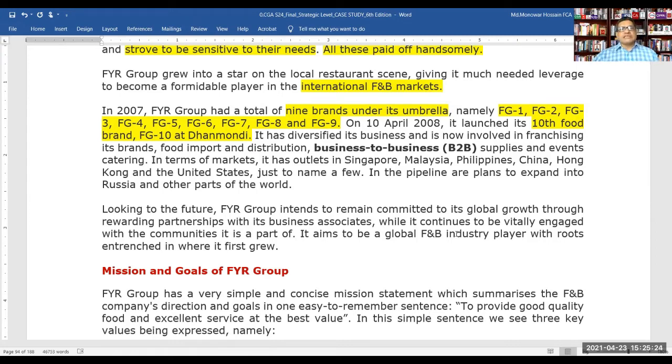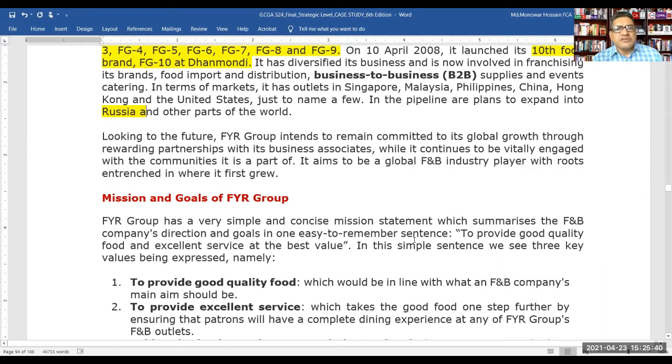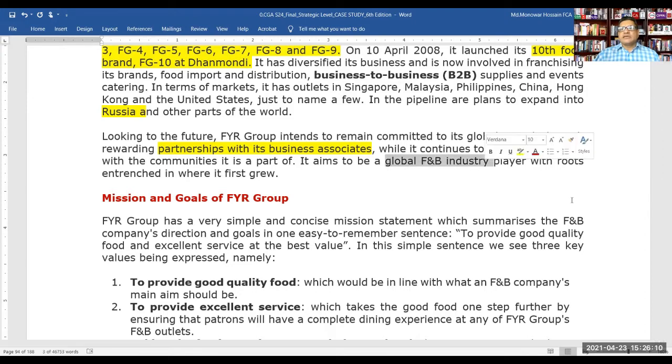Looking to the future, FI Group intends to remain committed to its global growth through rewarding partnerships with business associates, while continuing to be vitally engaged with the communities, as part of its aim to be a global FB industry player with roots, enhancing their fast growth.